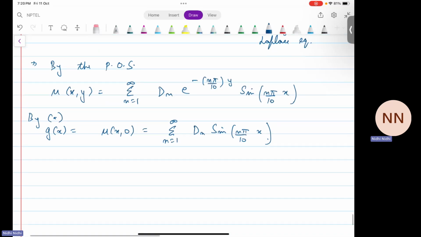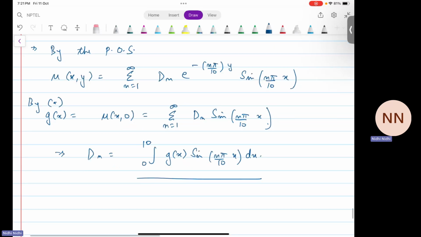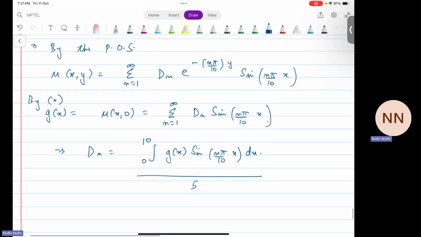So from here we know how to evaluate this d_n. This is integration 0 to 10, as the value of x is from 0 to 10. So we'll integrate g(x) times sine n pi by 10 x dx, and the denominator will be 10 by 2 in this case, that will be 5.